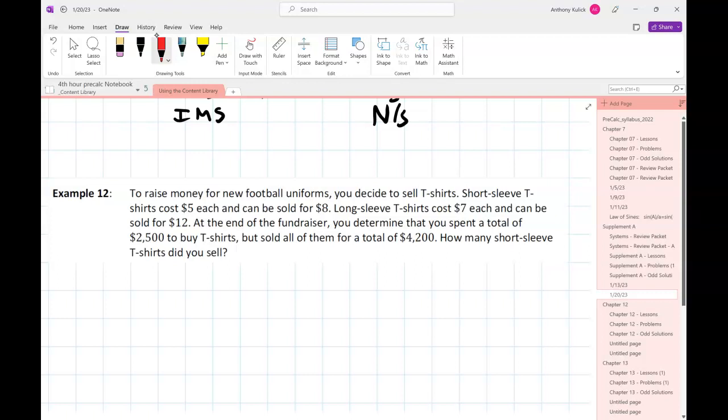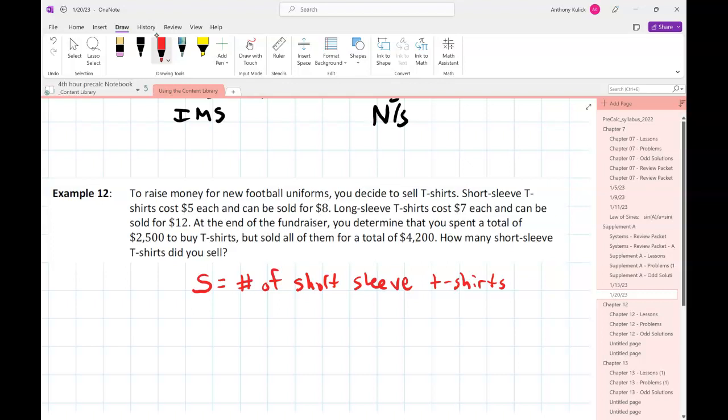How many short sleeve t-shirts did you sell? Well, that's going to be one of my variables. I'm going to use the letter S, where S represents the number of short sleeve t-shirts.